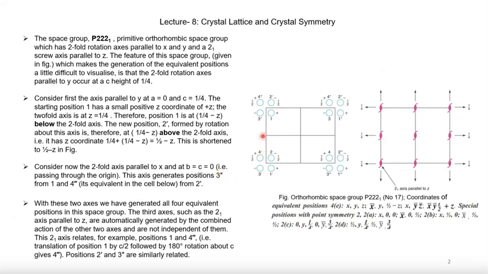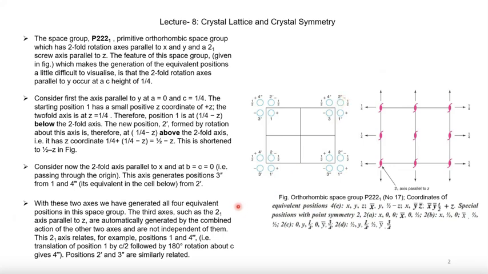So this axis generates position 3, 2 prime. This axis generates this one. This from 1 and 4 triple prime. It is equivalent to the cell below 2 prime. That's 2 prime, this one.